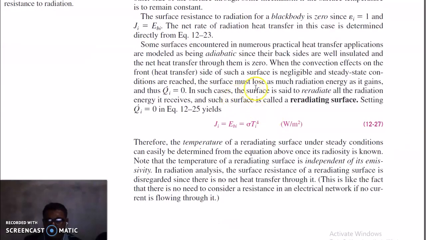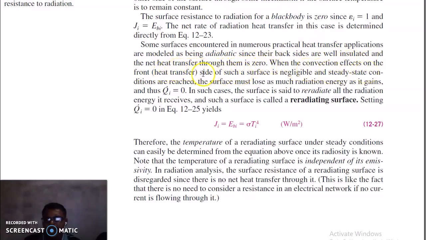There is one more concept: a surface which has to maintain a constant temperature must radiate the heat. Also, some surfaces encountered in numerous practical heat transfer applications are modeled as being adiabatic, since their backsides are well insulated and net heat transfer through them is 0.